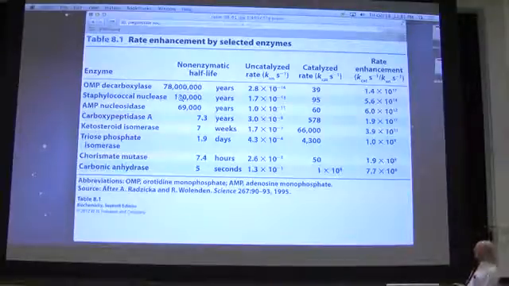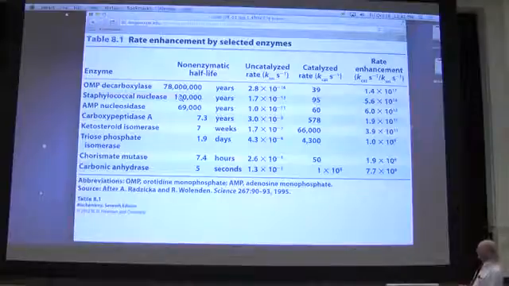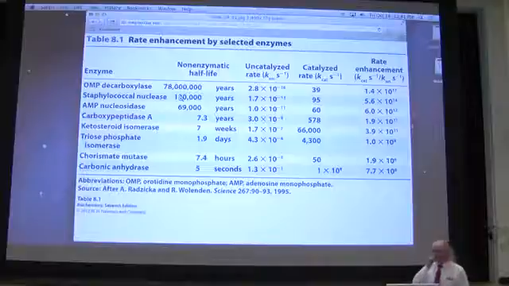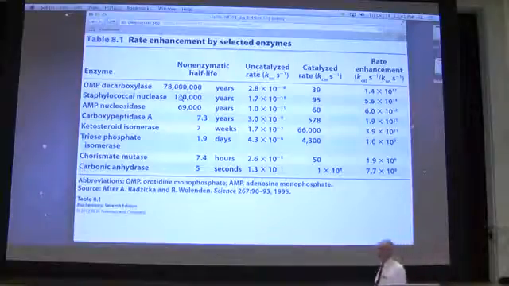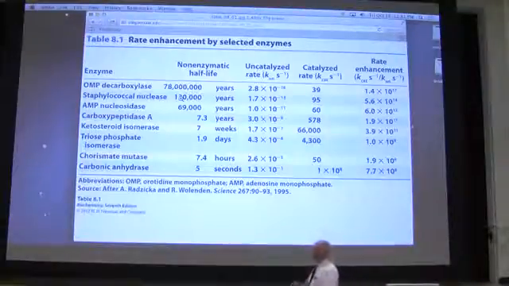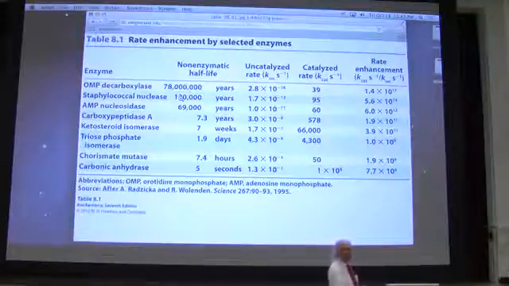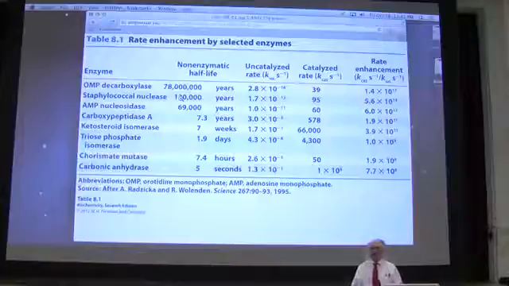Well, I can say that this enzyme down here, carbonic anhydrase, is working a heck of a lot faster than any of these other enzymes because I've taken the concentration of enzymes out of the equation. Make sense? Everybody understand kcat and the difference between kcat and Vmax?